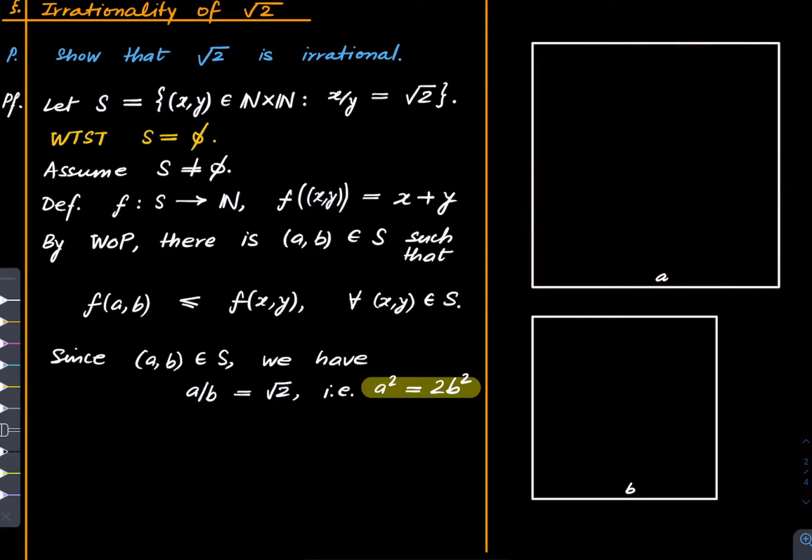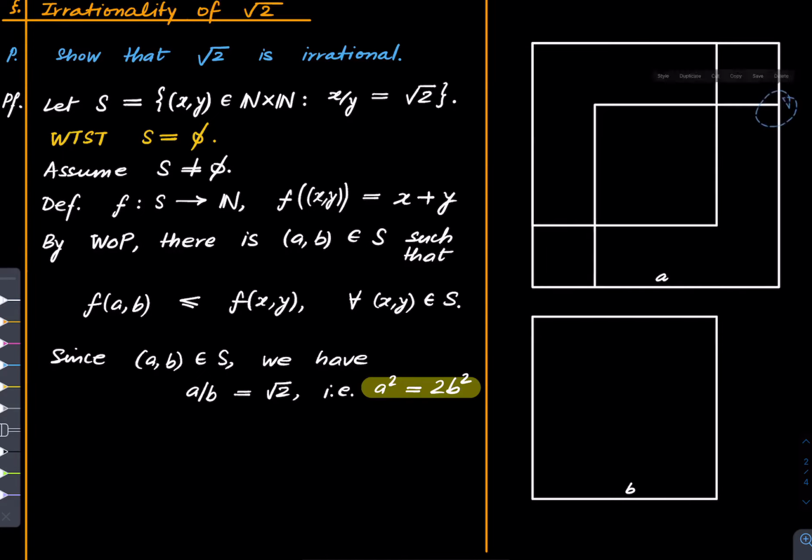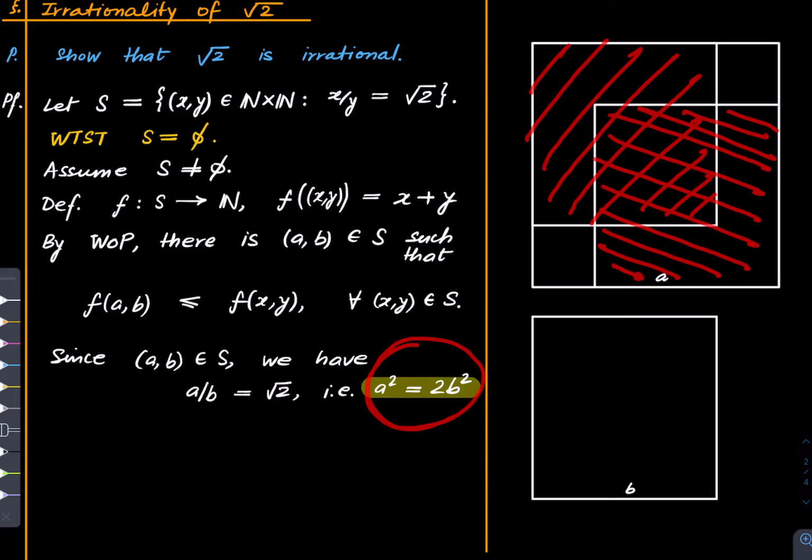Okay, so what we can do is we can try to cover this with 2 copies. Of course, there will be overlap. Okay, so what we have been provided by this equation is that this area plus that area is the total area of the big square.